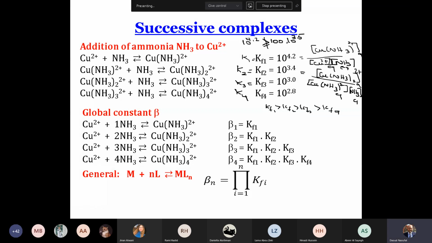This is the same analogy with the acid base. In the acid base, the first dissociation has Ka1, the second dissociation has Ka2. Ka1 is always greater than Ka2, so the first acidity is the strongest.